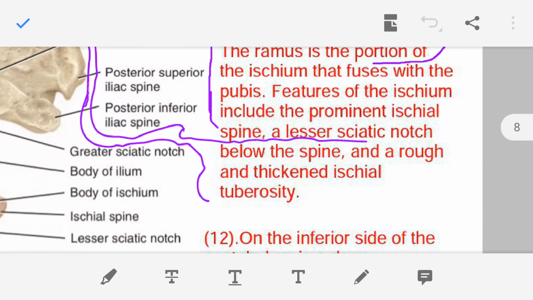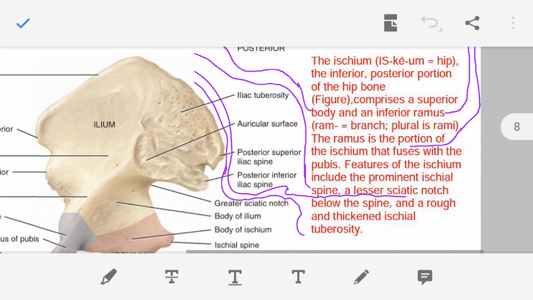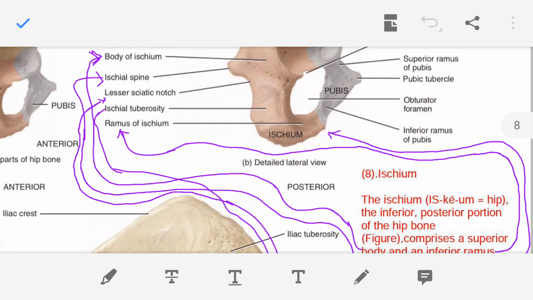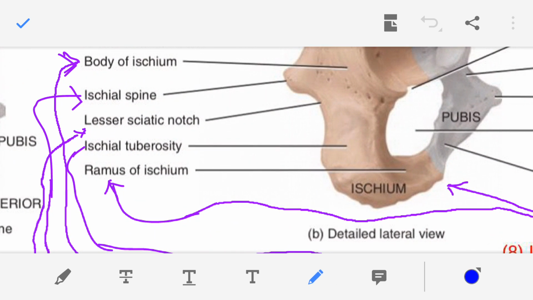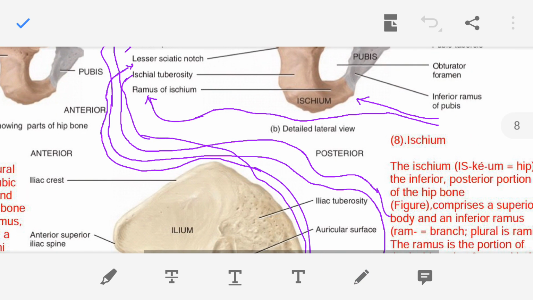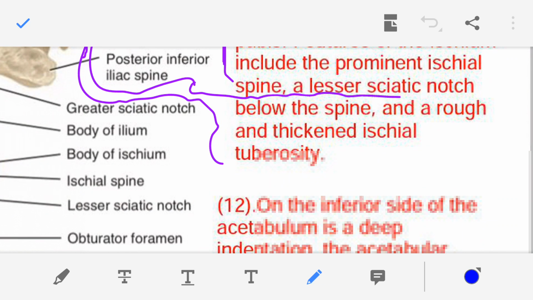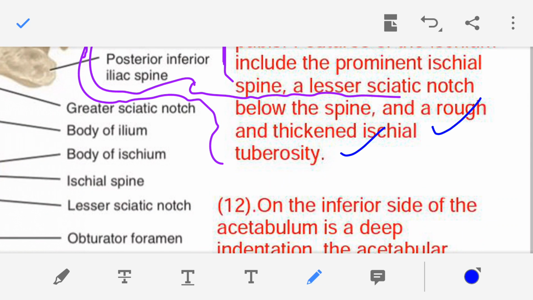Then the lesser sciatic notch below the spine. So let's find out the sciatic notch. Here, the lesser sciatic notch is present in the ischium, and a rough, thickened ischial tuberosity.